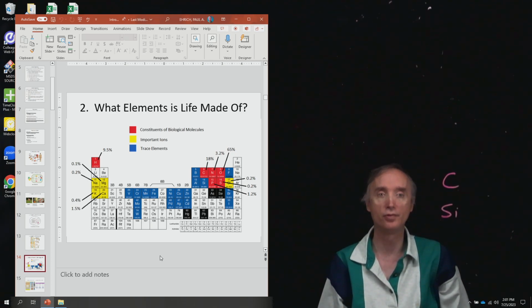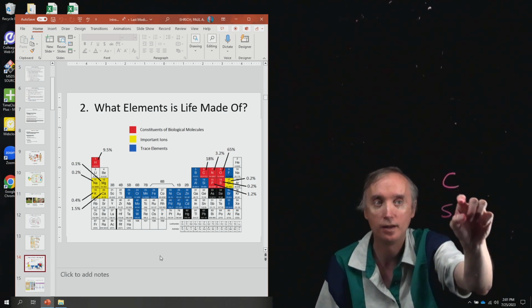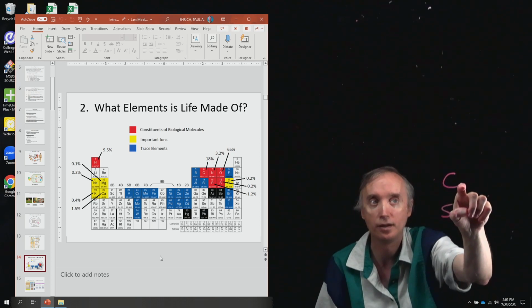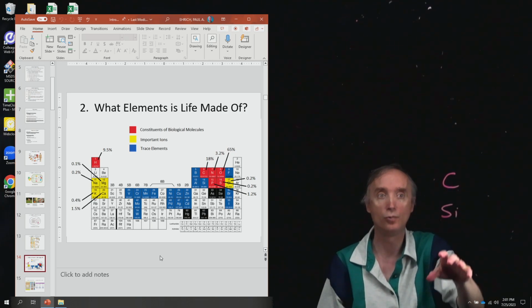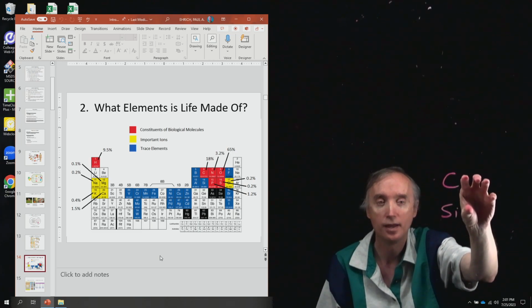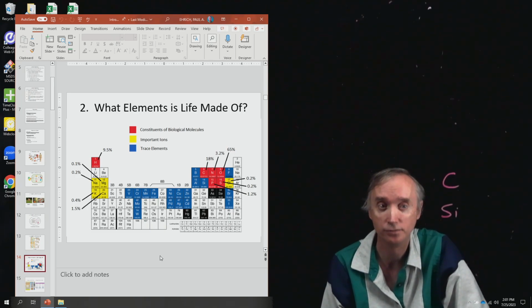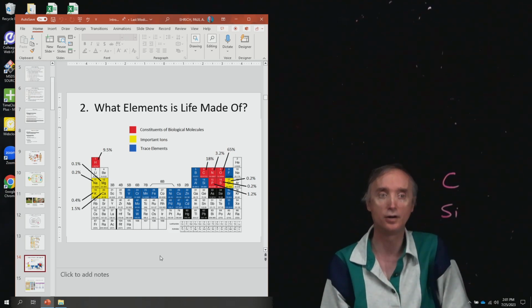And notice that both of them are in the same column in the periodic table. So silicon is the most important element in geology, and carbon is the most important element in biology. And then other ones in biology that are important are going to be oxygen, and then nitrogen, and then hydrogen. So any 2 of those would be okay on the exam.